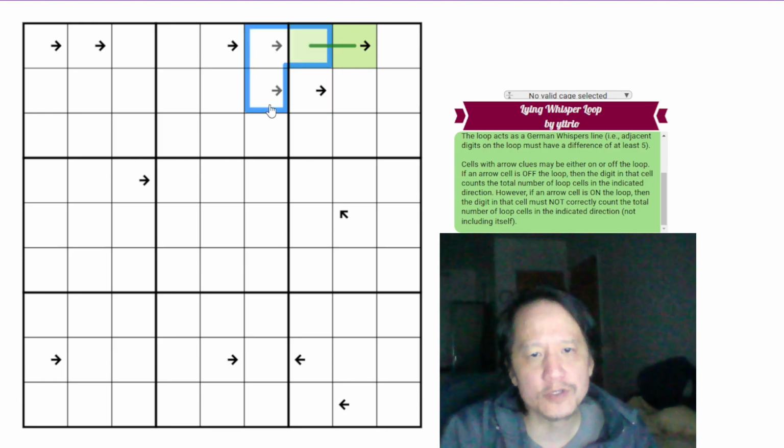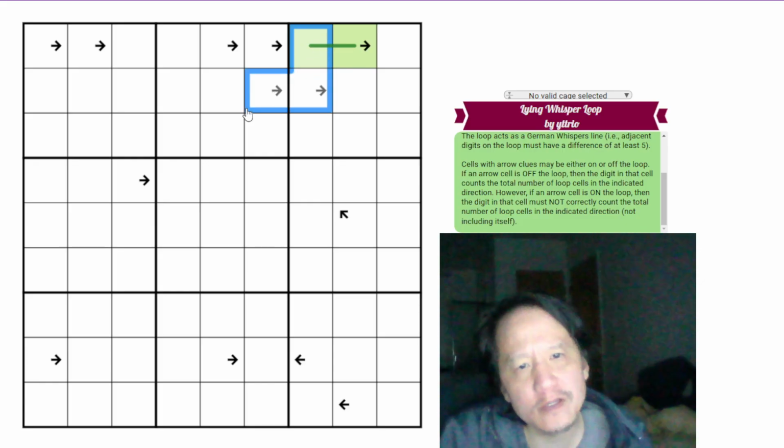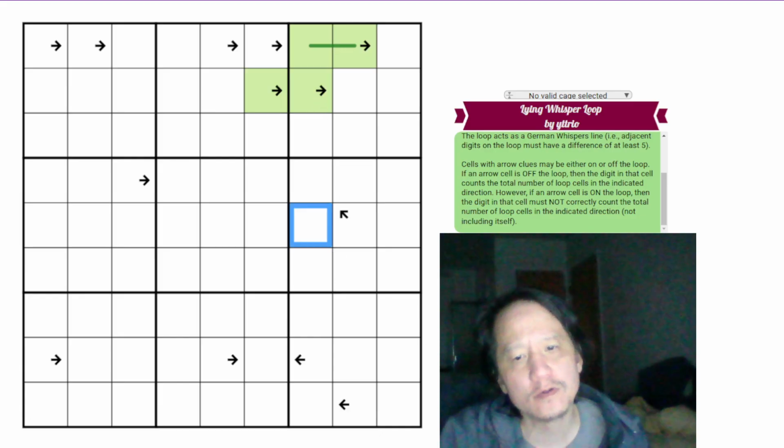So it could go this way, it could go this way, it could go this way. We know one of these is on the loop. We don't know which, though, or both. So one of them is potentially valid. We don't know.